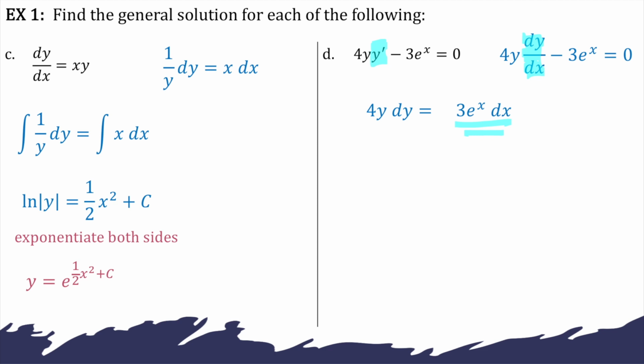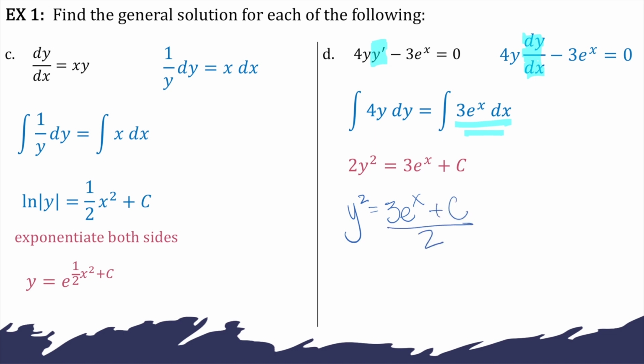And then we can take the antiderivative of both sides. And we get 2y squared equals 3e to the x plus c. And we can stop there, but let's go just a little bit further for fun. So we'd get y squared equals 3e to the x plus c, the whole thing divided by 2. And then y, of course, would equal the square root of that whole thing.